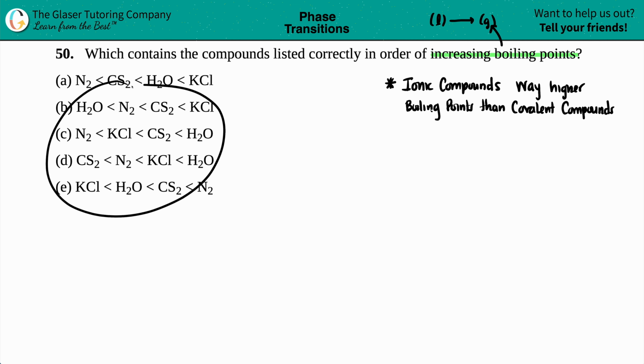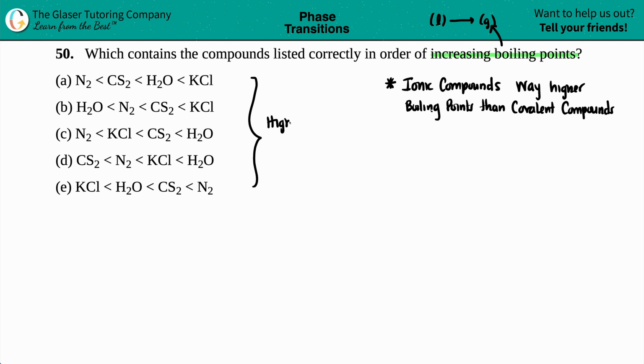On the list, we're increasing in boiling point, which means the ones stated at the end have the highest boiling point. And if the ionic compounds have way higher boiling points than covalent ones, I know that the highest boiling point one should be the ionic compound.